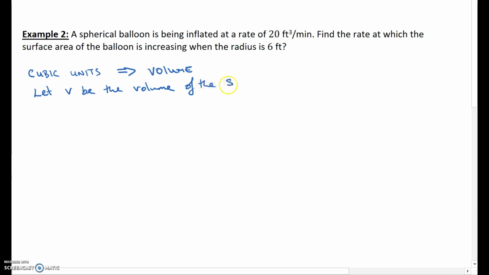And it's a spherical balloon, so you might as well note that, because the volume of a sphere has a specific formula. Now, we're also asked to find the rate at which the surface area of the balloon is changing, so we'll just go with A for surface area of the balloon.